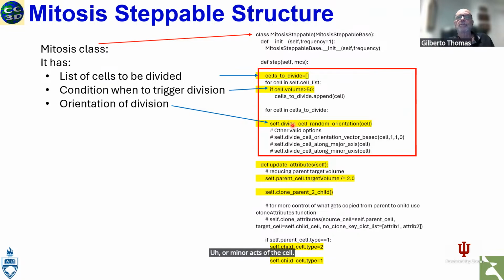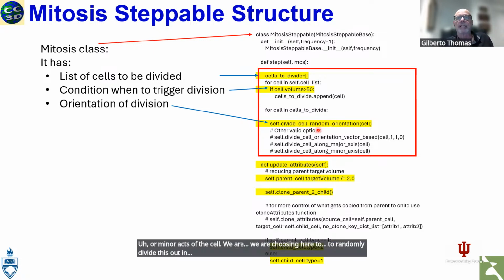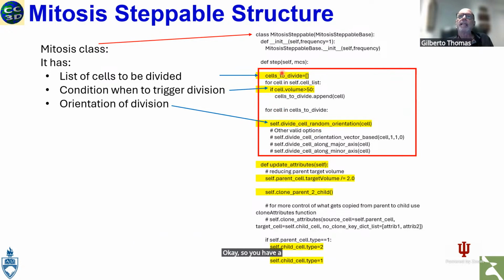We are choosing here to randomly divide the cell in a random orientation. So you have a loop over that list, and if there are cells in that list, we are going to say those cells will divide randomly.